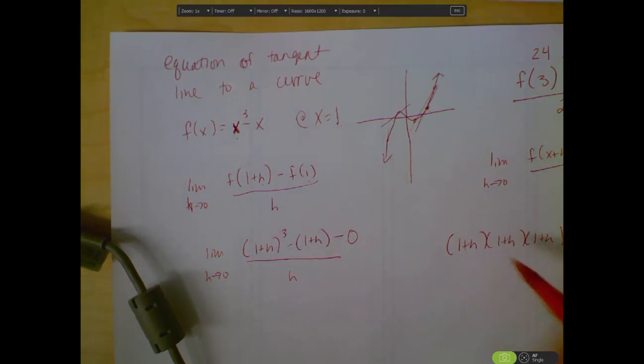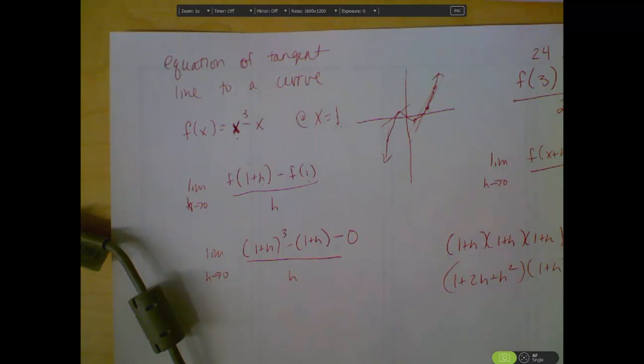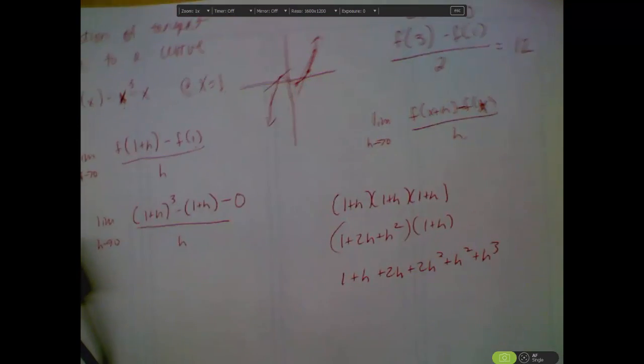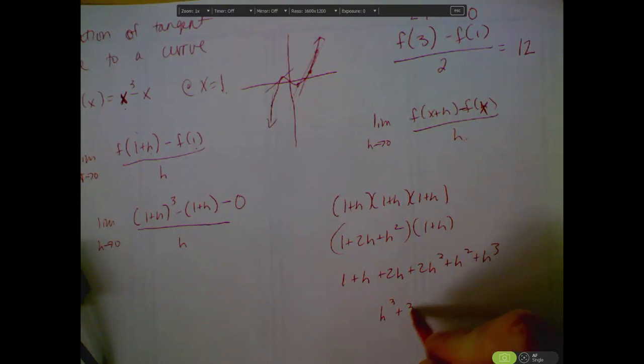So I'm going to FOIL these first two, and I get 1 plus 2h plus h squared. I'm going to multiply that by 1 plus h. And then I get 1 plus h plus 2h plus 2h squared plus h squared plus h cubed. Combine my like terms, and I get h cubed plus 3h squared plus 3h plus 1.